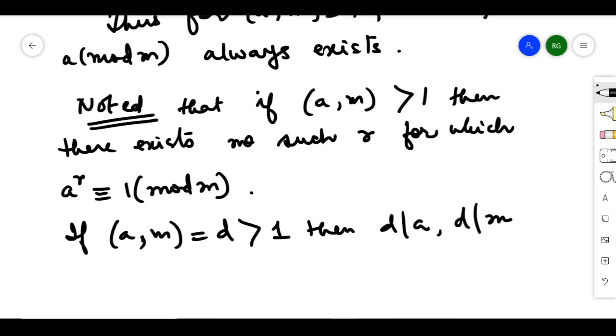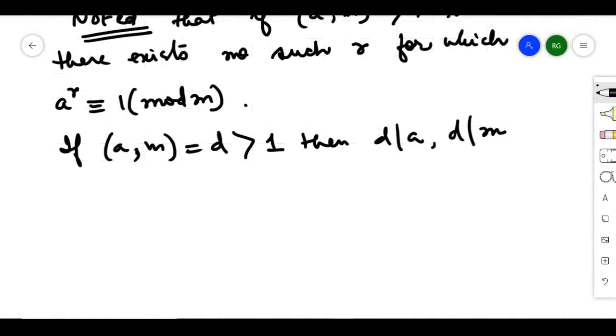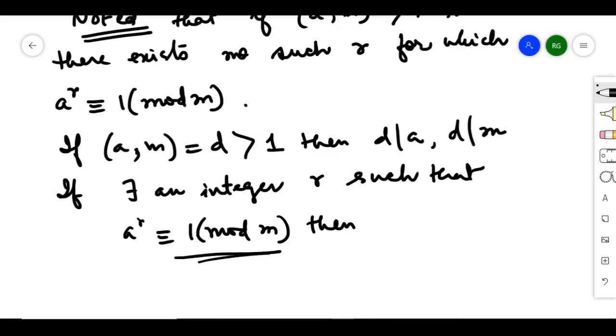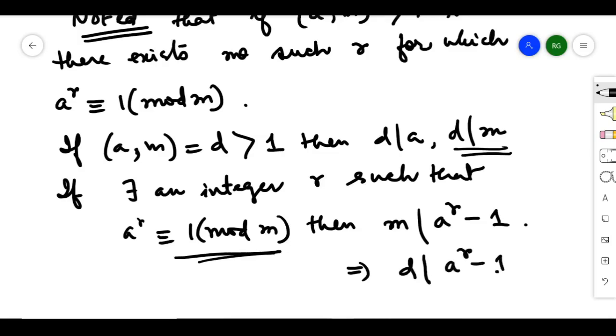Now if there exists an integer r satisfying a to the power r congruent to 1 mod m, then by the definition of congruence, m divides a to the power r minus 1. And as d divides m, d will also divide a to the power r minus 1. Call this 1.